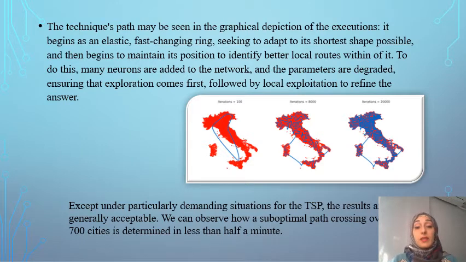To do this, many neurons are added to the network and the parameters are degraded, to ensure that global exploration comes first, followed by local exploration to refine the answer.